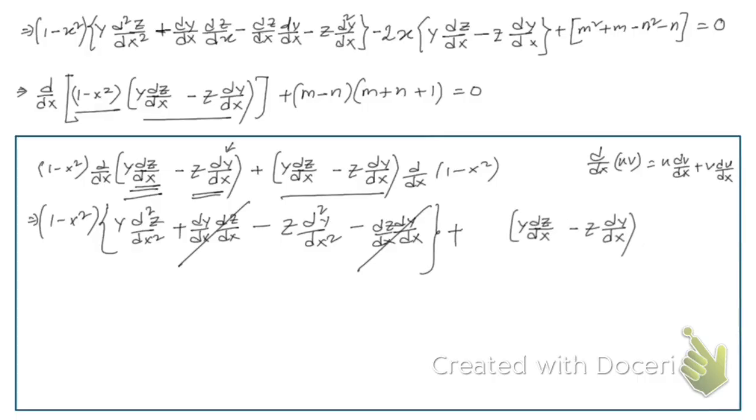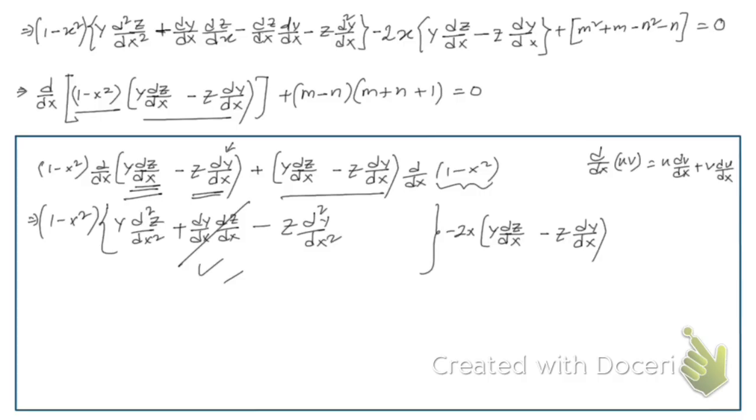And you see, if you differentiate this, what are you going to get? Minus twice x, right? So this plus will be minus. So now you see, if you cancel these two terms, we end up getting this result. So this is what we have got now.